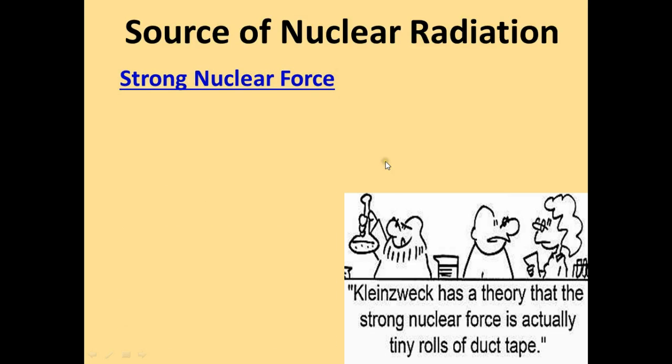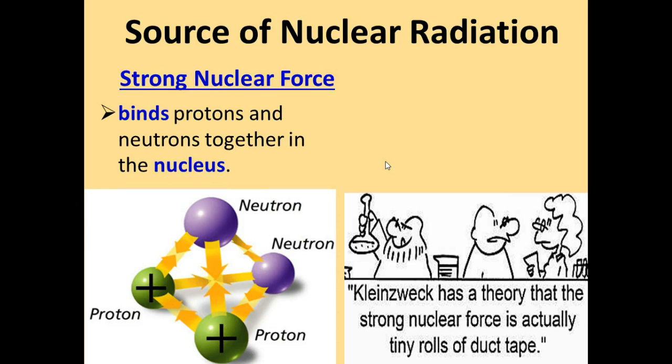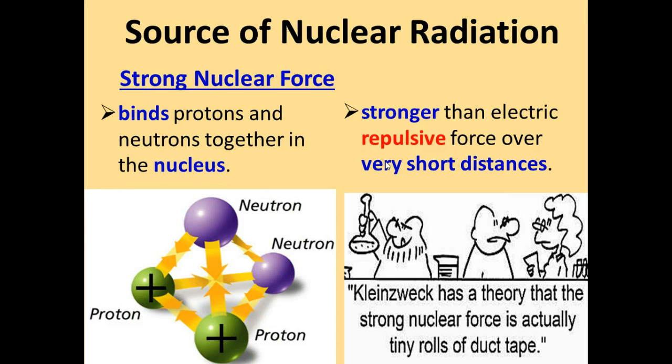The reason atoms normally don't radioactively break down is because there's a nuclear force that holds the neutrons and protons together. If the repulsive force, or the force trying to break them apart, is stronger, then the atom will radioactively break apart.